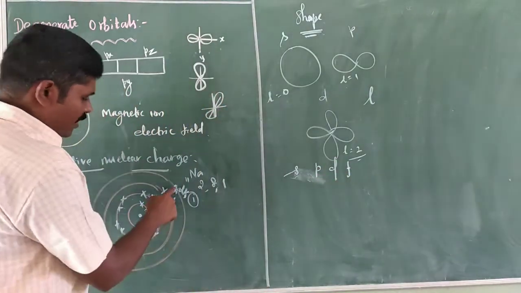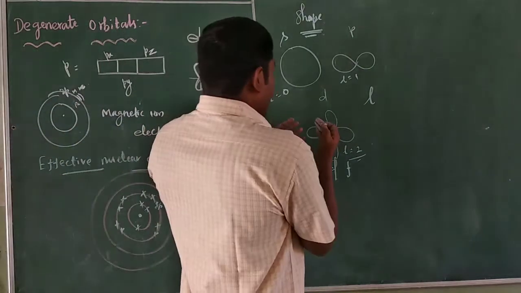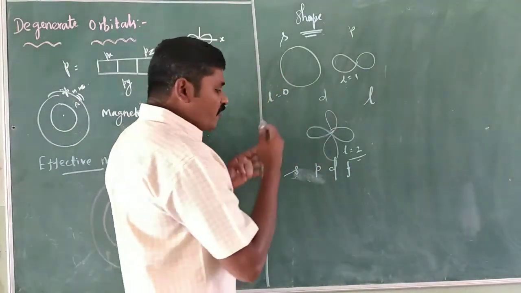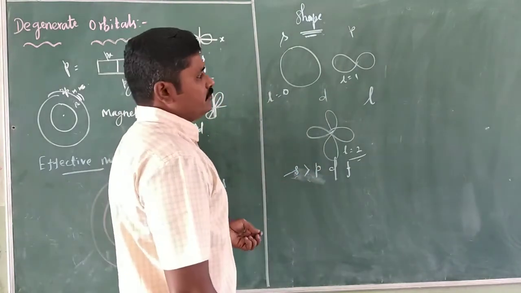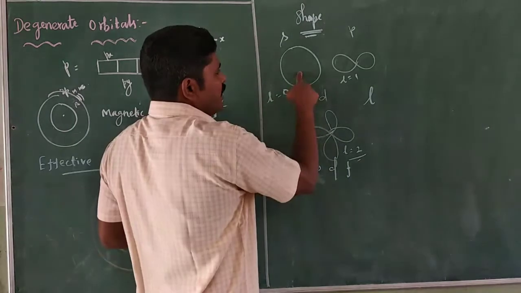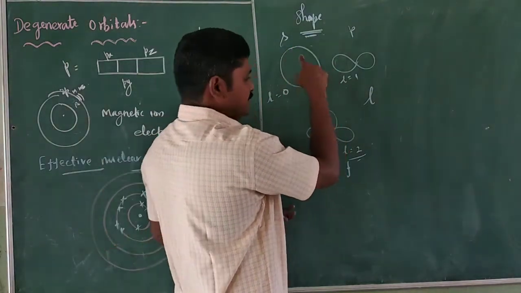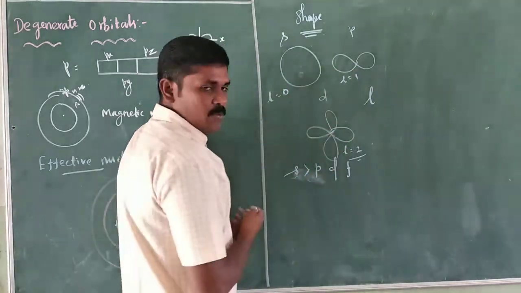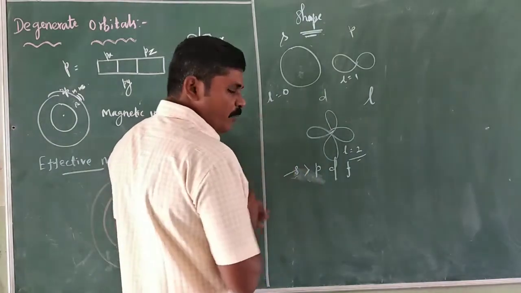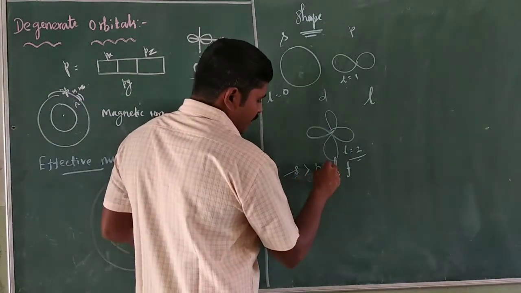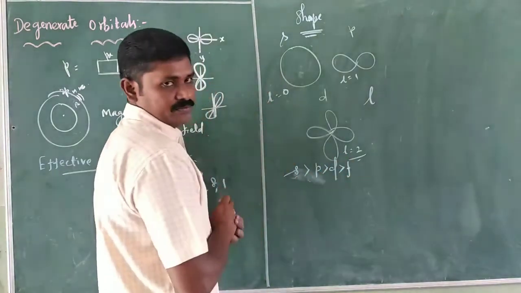The effective nuclear charge is greatest in the s orbital because it is spherical in shape, then p and d. So the order of effective nuclear charge in the same orbit is s greater than p greater than d greater than f.